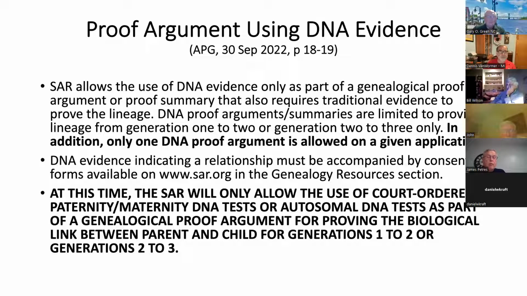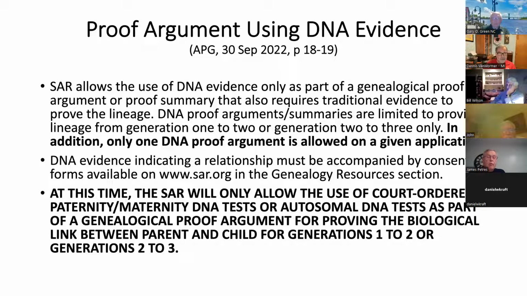And I already said it. Only one DNA proof argument is allowed on a given application, but you can pick from generation 1 to 2 or 2 to 3, and you have to have traditional evidence in addition to the DNA evidence. Consent forms, I mentioned there.